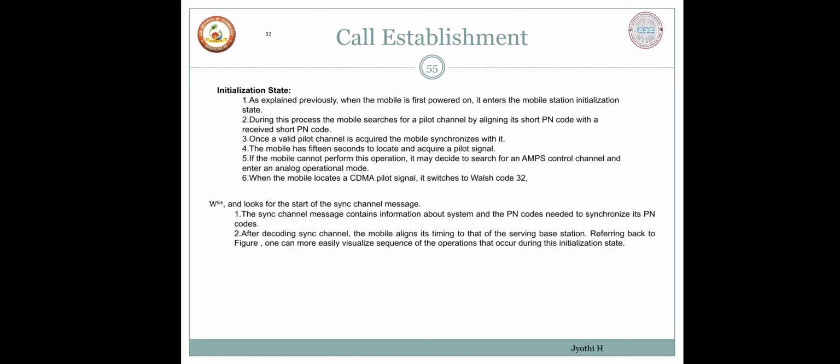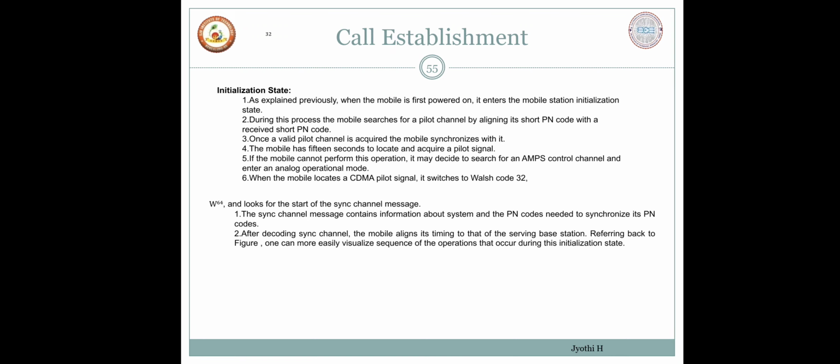If the mobile cannot perform this operation, it may decide to search for an AMPS control channel and enter an analog operational mode. When the mobile locates a CDMA pilot signal, it switches to Walsh code 32 and looks for the start of the sync channel message.